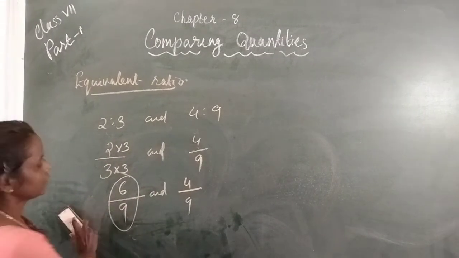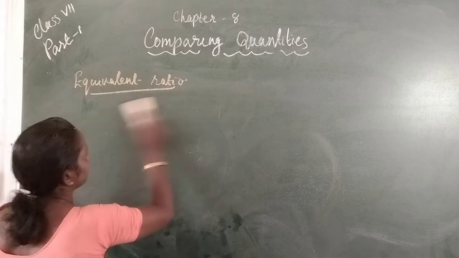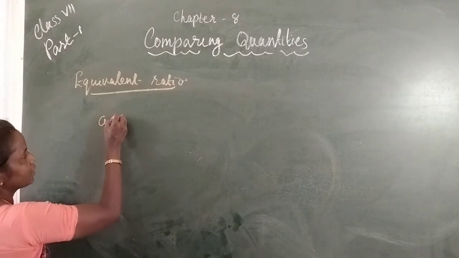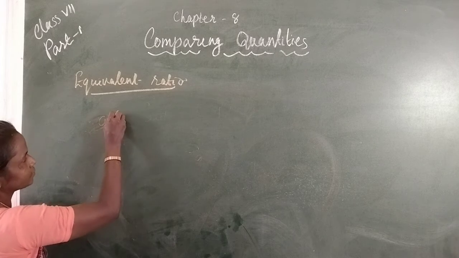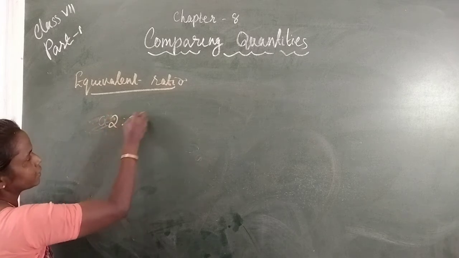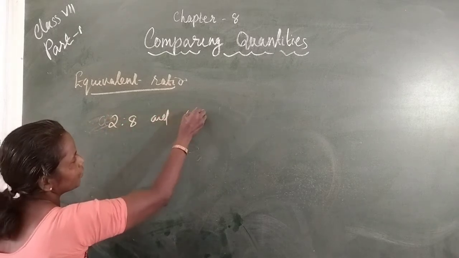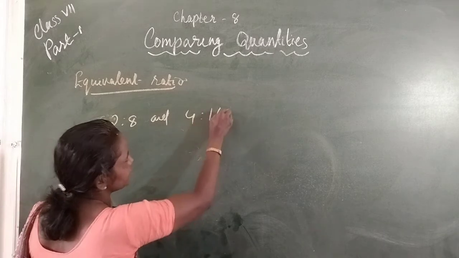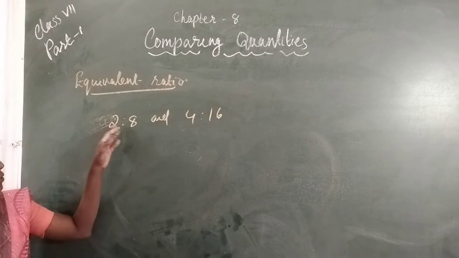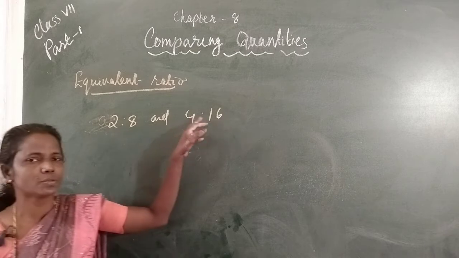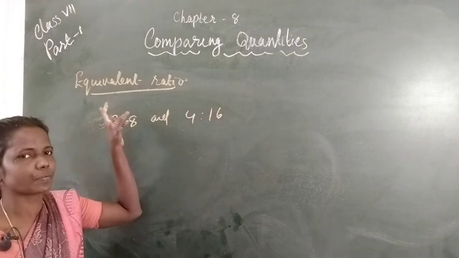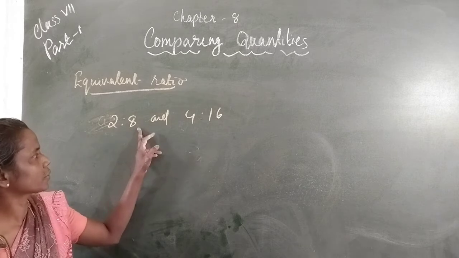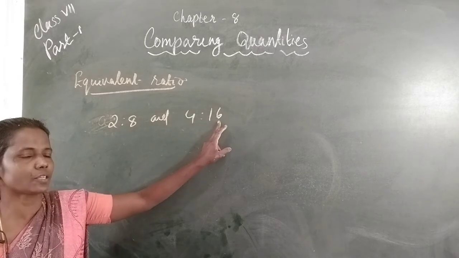Then here we write equivalent ratio, meaning here 2:8 and 4:16. Which type of ratio are they? Equivalent ratio. These two ratios are equivalent.